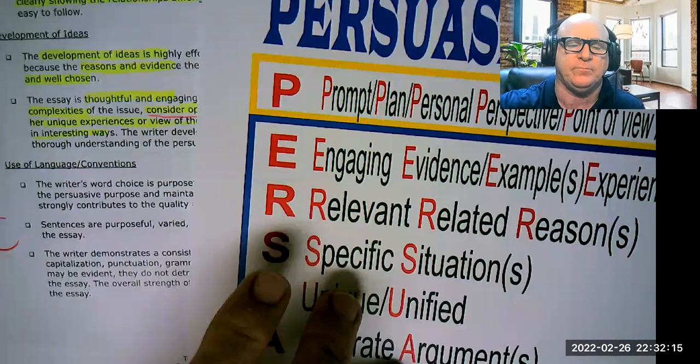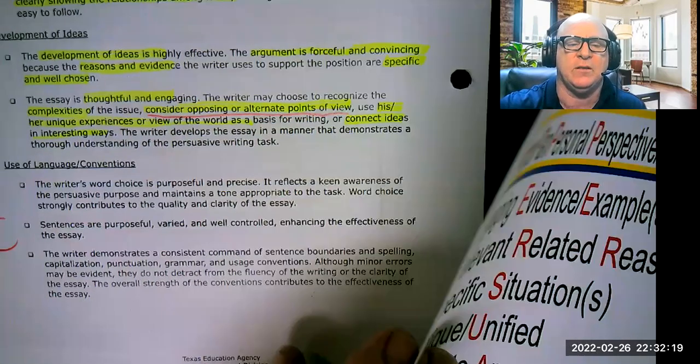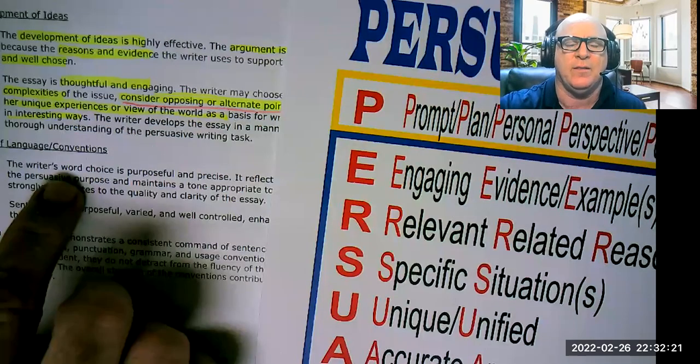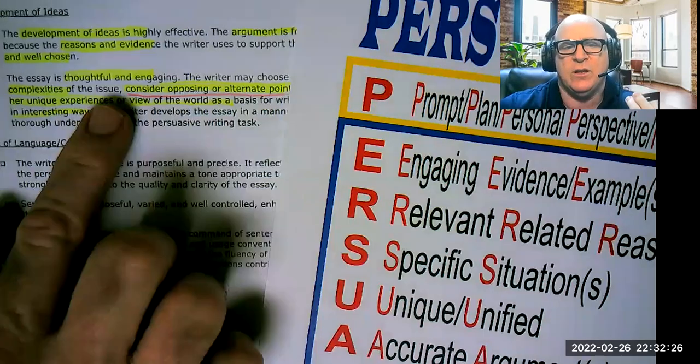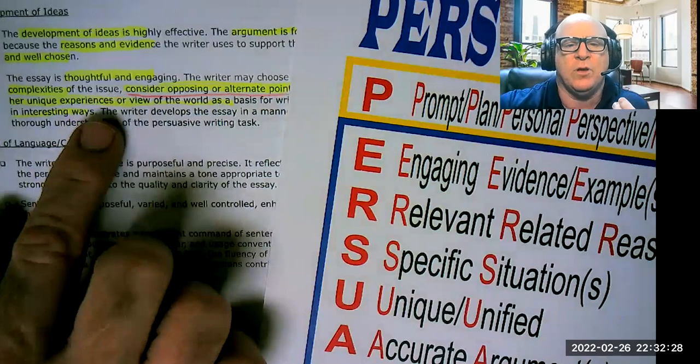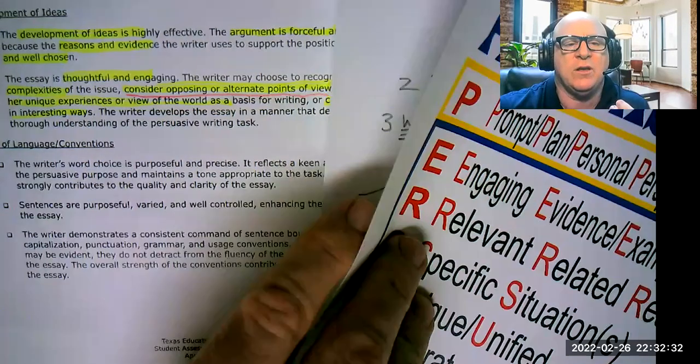So, is your word choice purposeful and precise, to help the essay not just be engaging and interesting? And it says you can choose to use your own unique experiences.